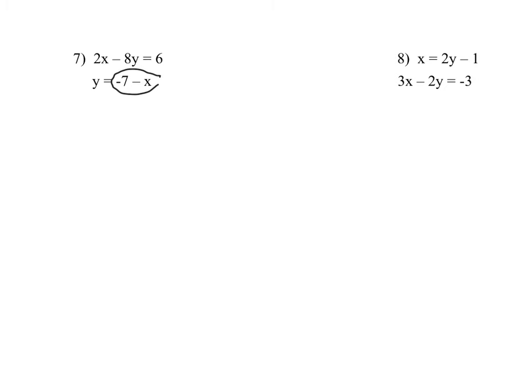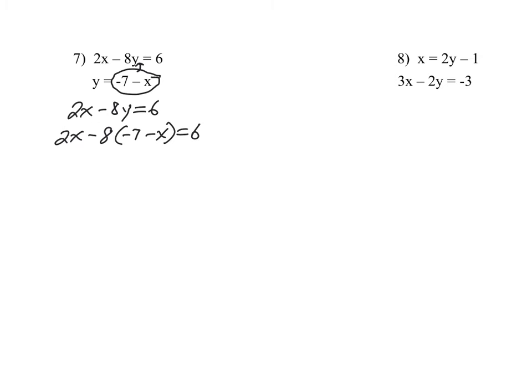I'll give you a suggestion for trying that problem. Okay, number 7. Y is equal to negative 7 minus x, so we plug that in for y. So I have 2x minus 8y equals 6, which is 2x minus 8 times negative 7 minus x. And it doesn't matter what the order is.